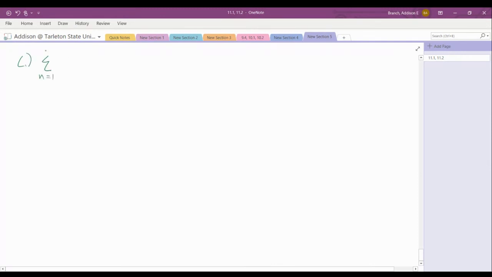So in this one, we have 2 over n squared minus 1. On a lot of these other examples, what we were able to do was convert these to geometric, but there's no way we can do that here.